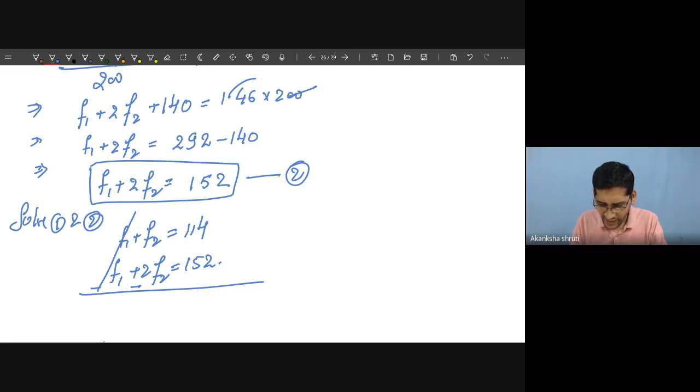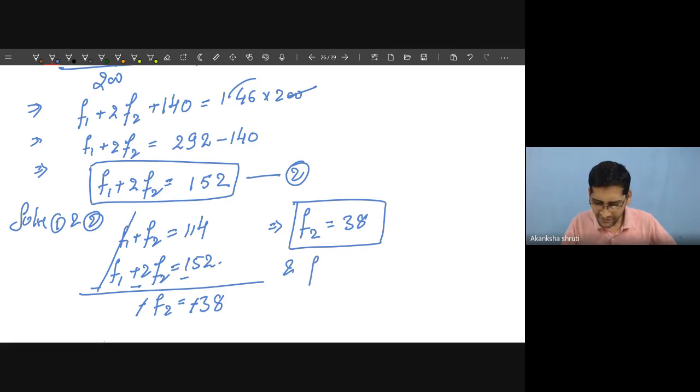Here we get F2 minus twice of F2, which becomes minus F2. On the other side, 114 minus 152 gives negative 38. Minus and minus cancel. So F2 is equal to 38.